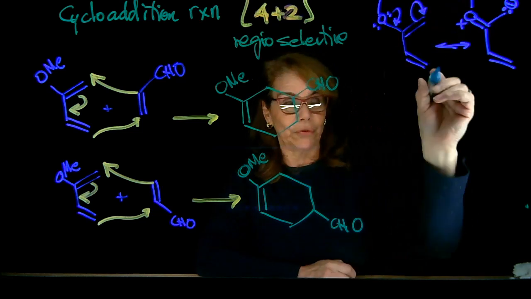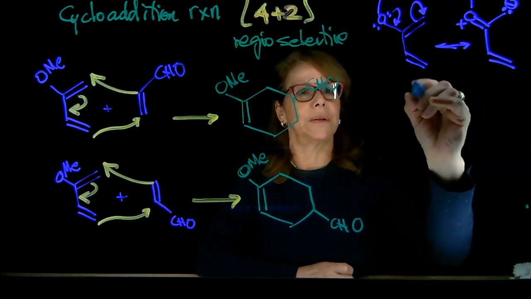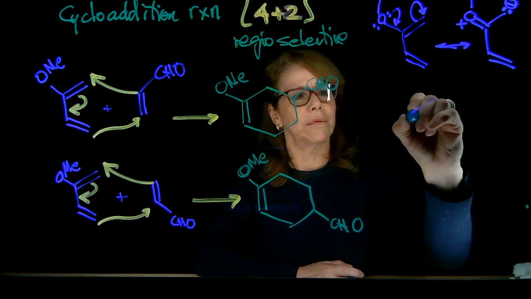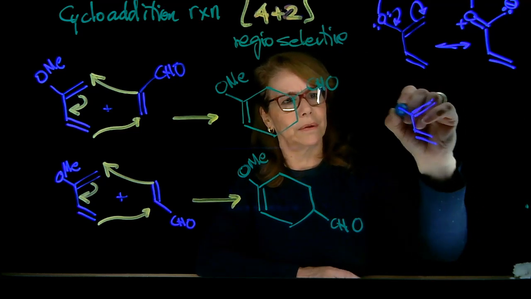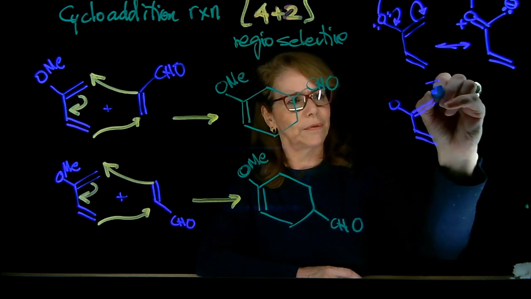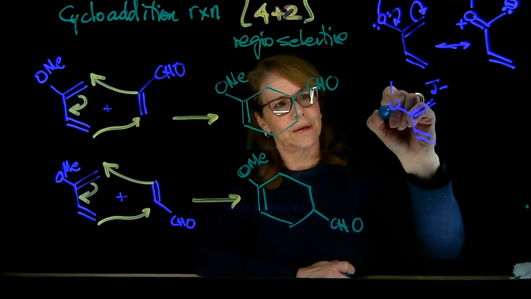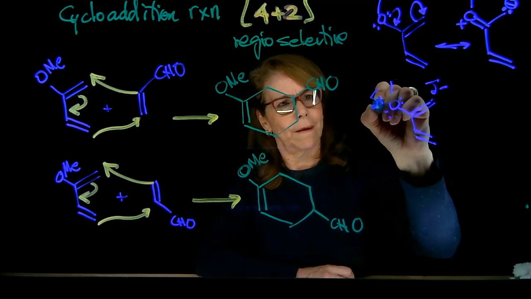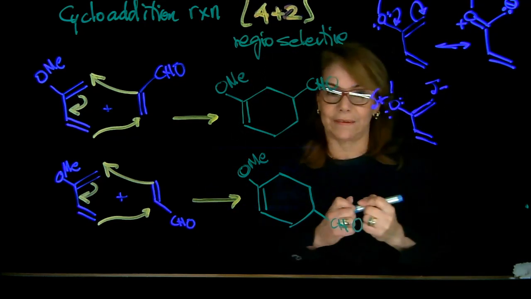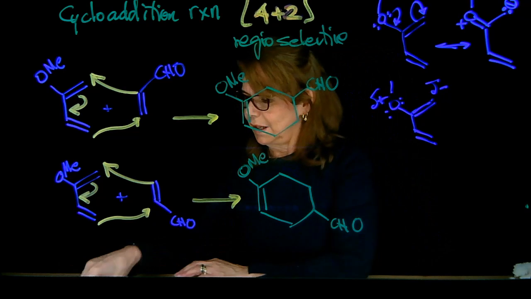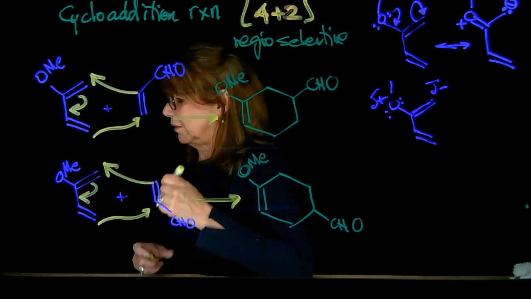So in my substrate, because we have a resonance hybrid, I'm going to redraw my diene, but this time I'm going to say that I have some delta negative character here. And that's going to be important to understand the regioselectivity of this reaction.